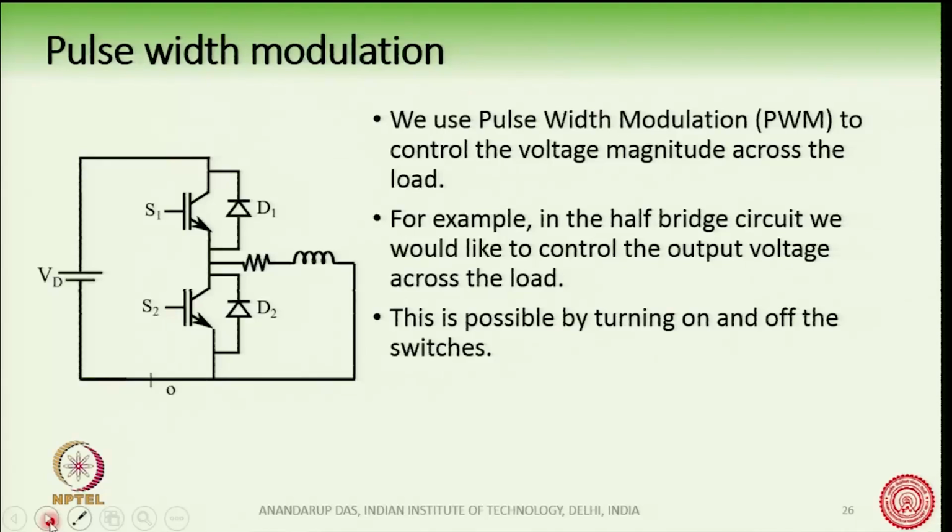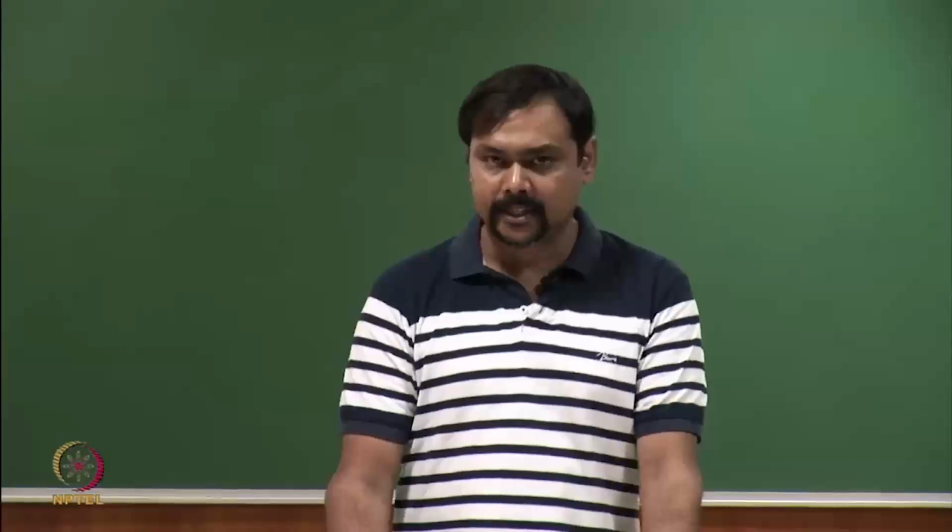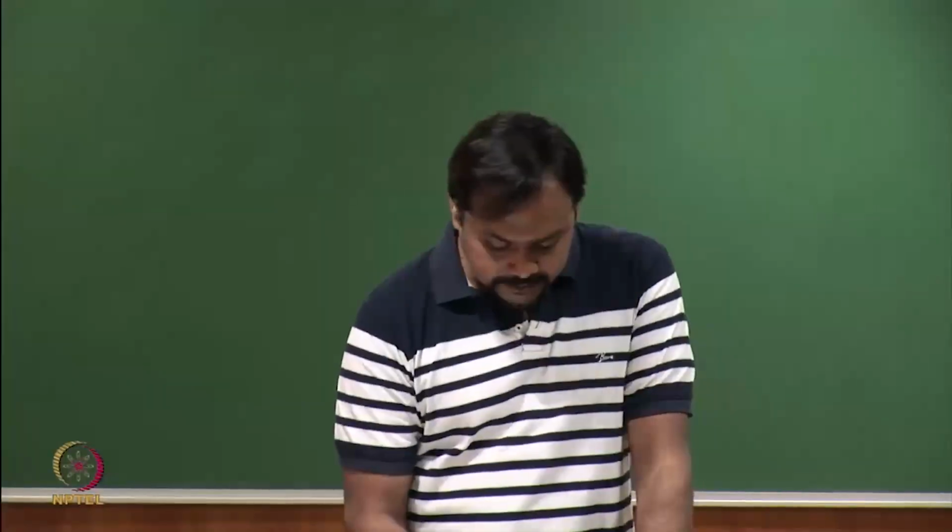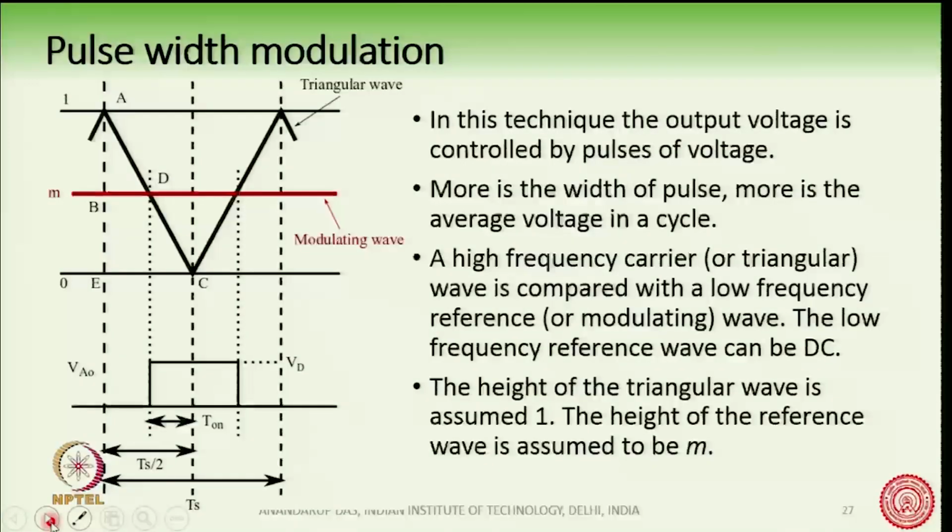So, what we will do is we will turn on and off these switches S1 and S2 repeatedly by following a specific pattern. So, let us see how we can develop this pattern. In this pulse width modulation technique, the output voltage is controlled by a series of pulses of voltage.